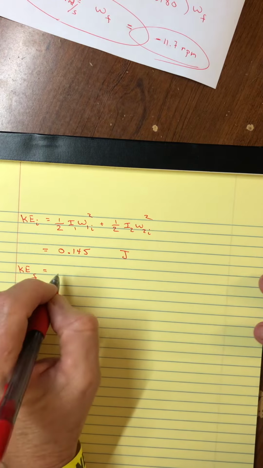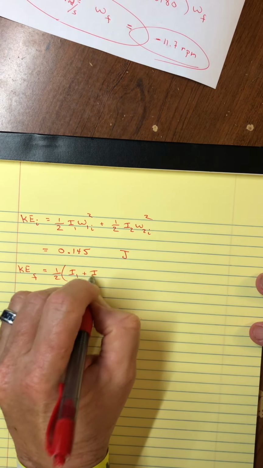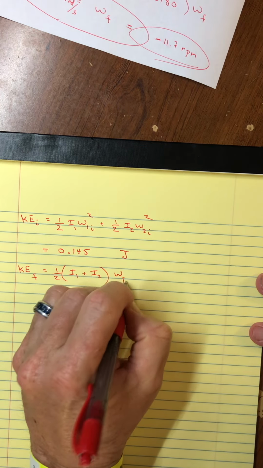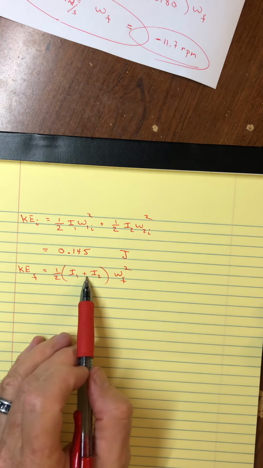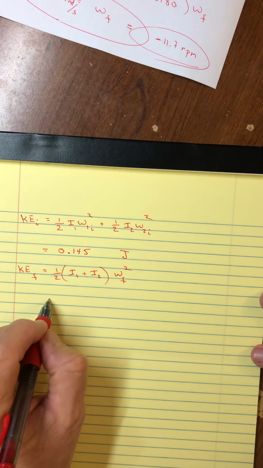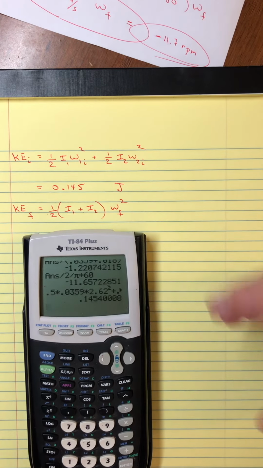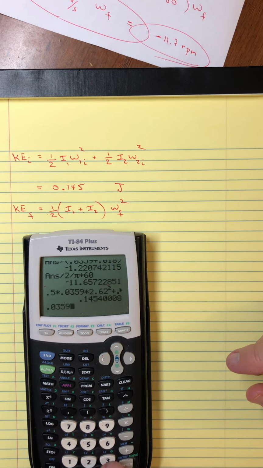Okay, now, afterwards, thinking of them as one object, I can just add their inertias together and then the final speed squared and get the kinetic energy. So let me add them again, 0.0359 plus 0.018.